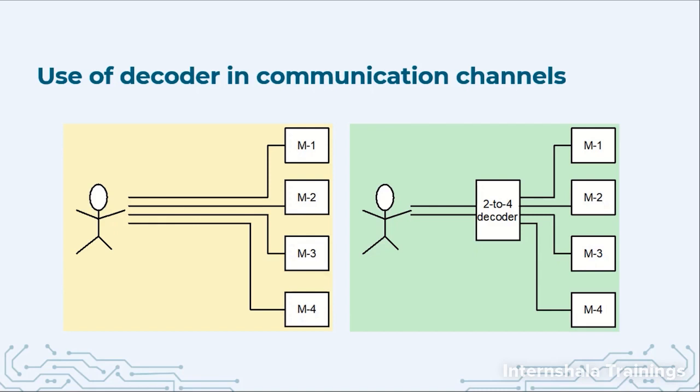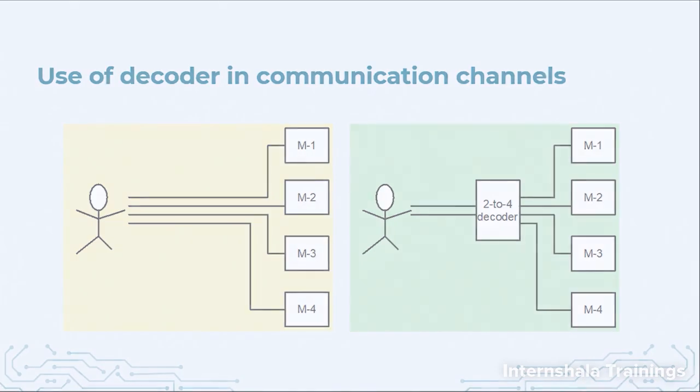But there are only 4 or 5 lines. And if those 5 connections are made, then the 6th person cannot connect. And that is why we got the message that all lines are busy. But it is a very efficient way of communicating, because at one time all 1000 users are not communicating. And this is how the decoder made the telephone communication possible.